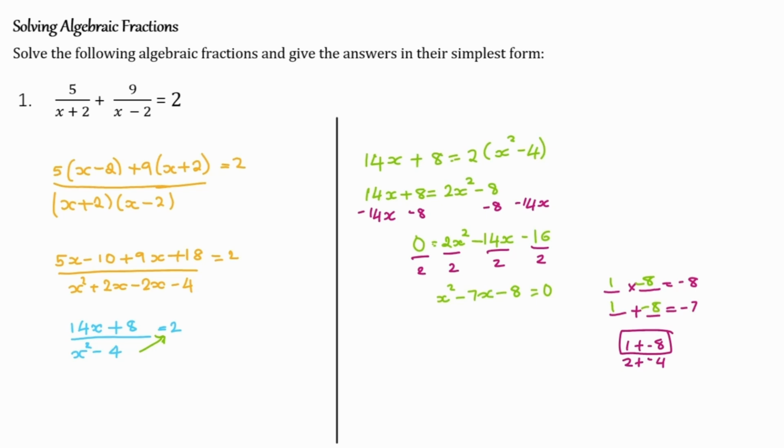So we can now factorize this quadratic equation as x plus 1 and x minus 8, and this would all be equal to 0. So if x plus 1 is equal to 0, that means x would have to be minus 1. And if x minus 8 is equal to 0, that means x would have to be 8. And these are our two solutions for this algebraic fraction.